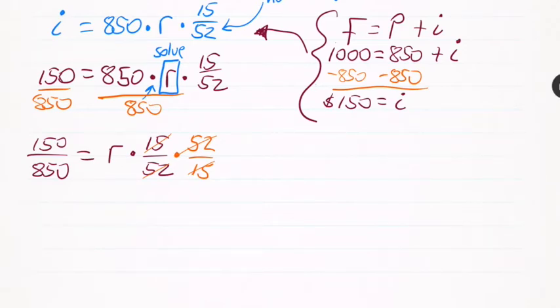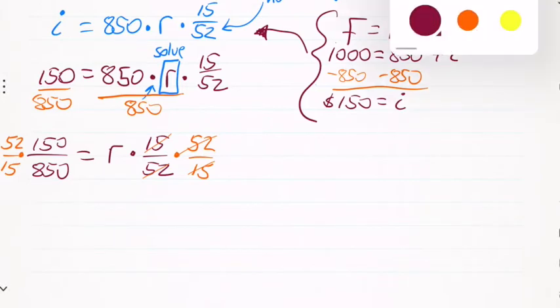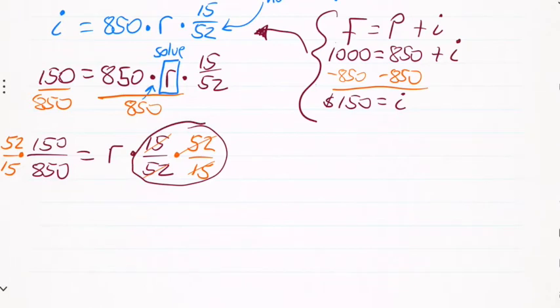On the other side, you'd also multiply by 52 over 15. So that'll get R by itself, because we have a big fat 1 here, and 1 times R is R. Then in my calculator, the safest way is to go in the order of each fraction.